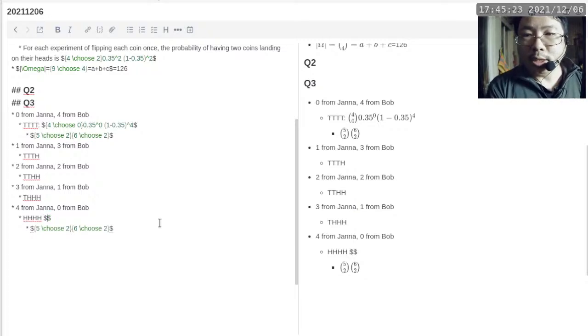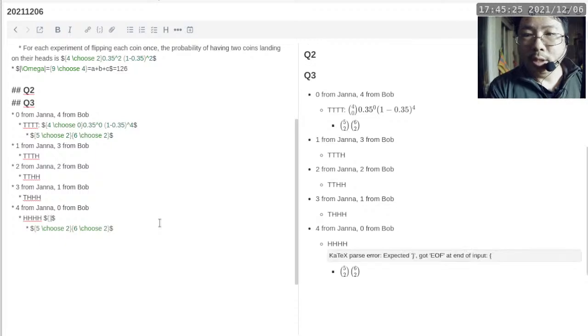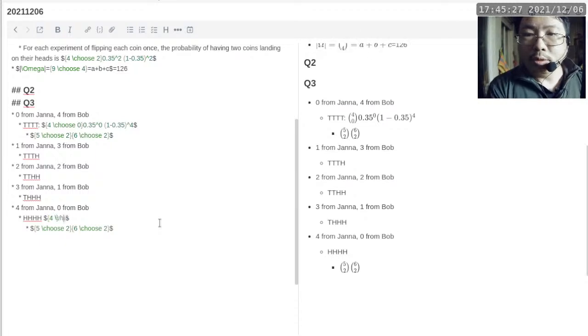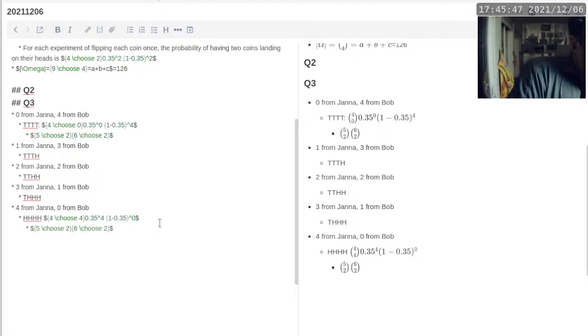So in this case, we are having 4 choose 4 because they're all heads. Whenever we flip a coin this time, every single one ends up landing on the head. So that means the 0.35 is raised to the power of 4. The 1 minus 0.35 is raised to the power of 0 in this case. Binomial distribution is different because it is the flip side of the first one.